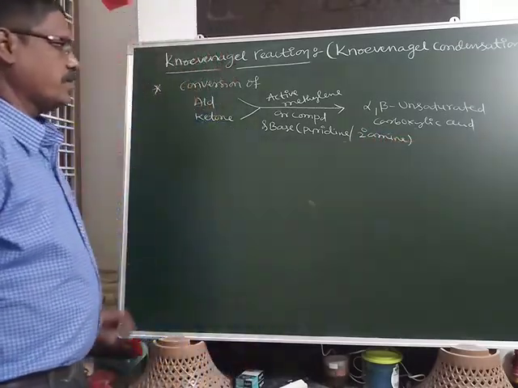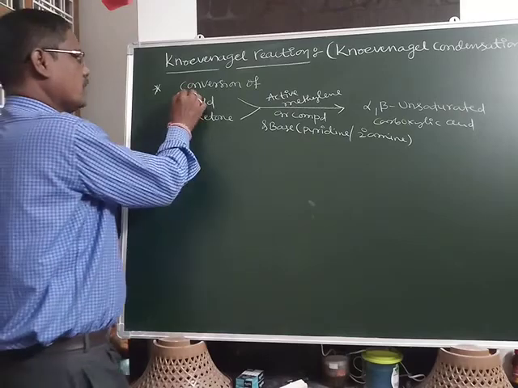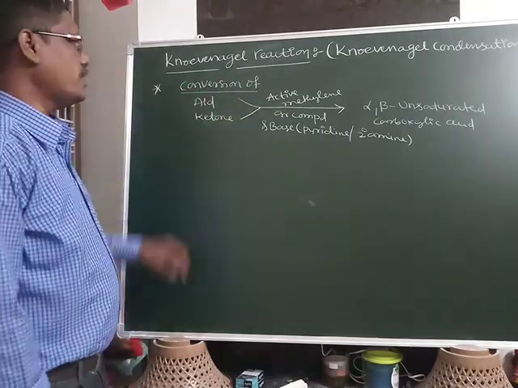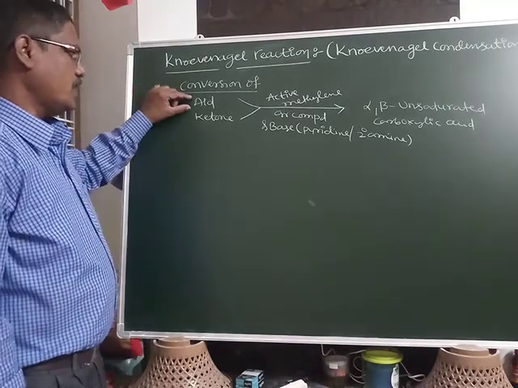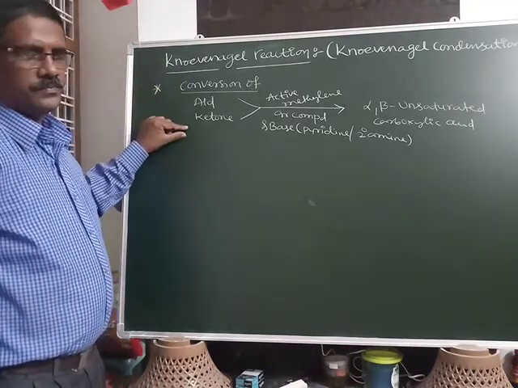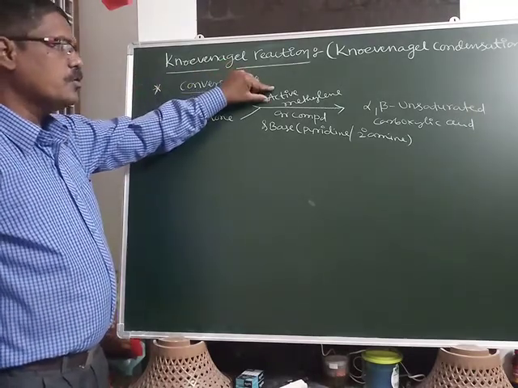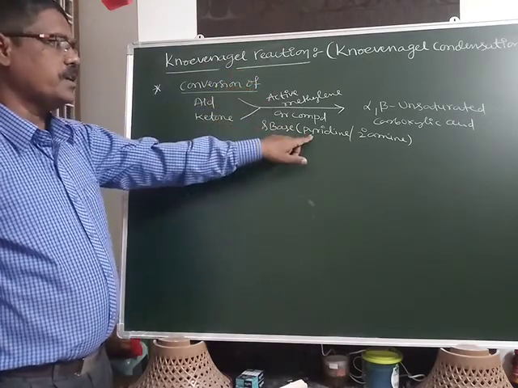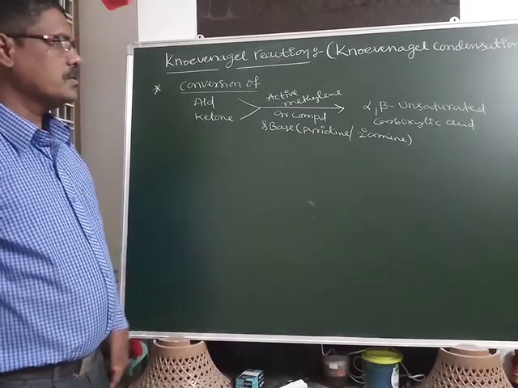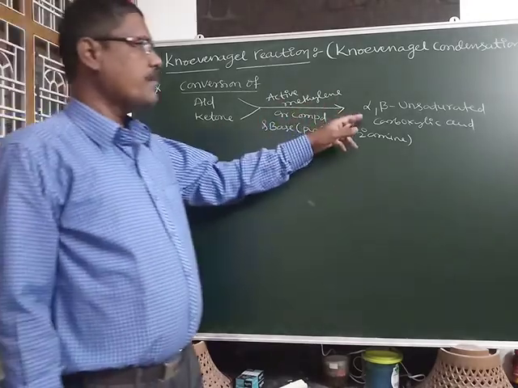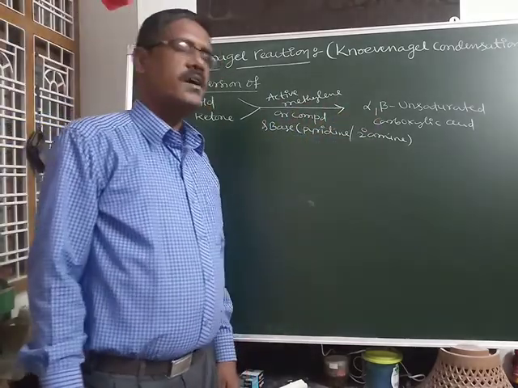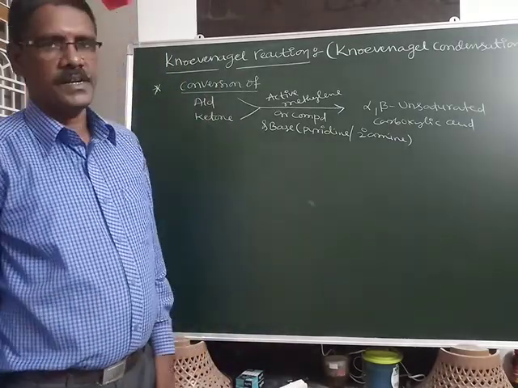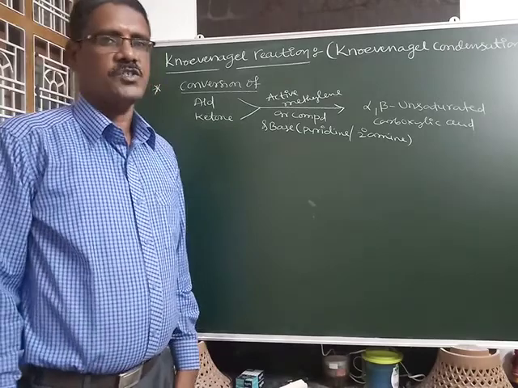Now the statement of Knoevenagel reaction is that conversion of aldehyde or ketone in the presence of active methylene group compound and base, that is pyridine or secondary amines, to form alpha beta unsaturated carboxylic acid. So this is the Knoevenagel condensation or Knoevenagel reaction.